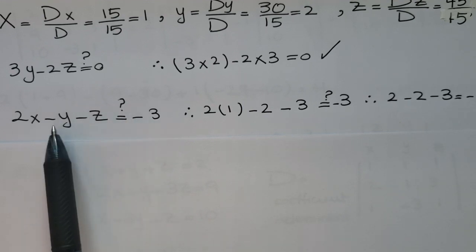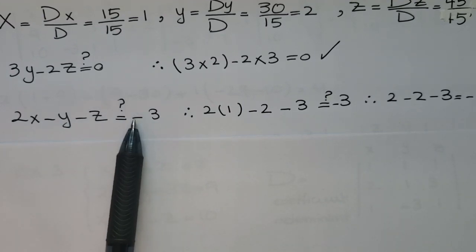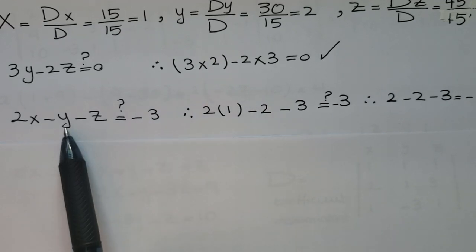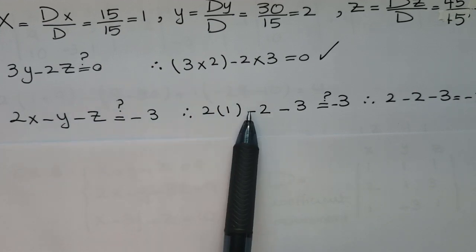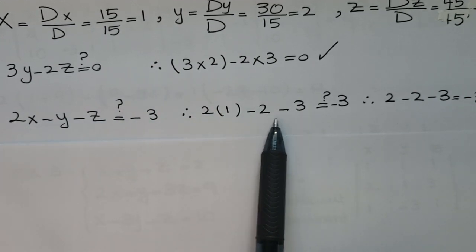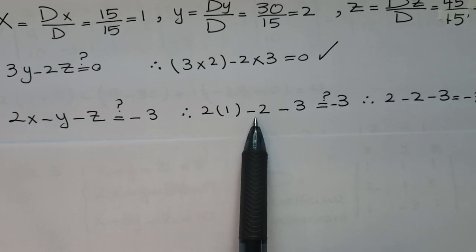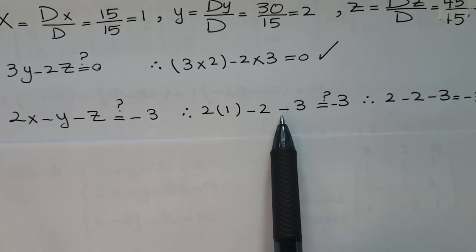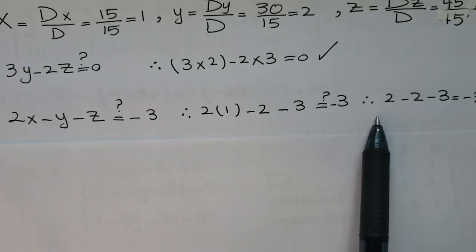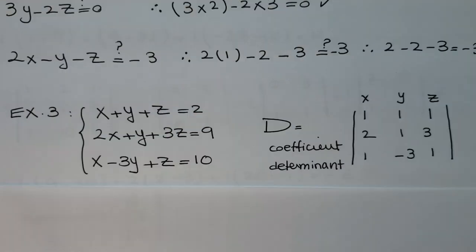Let's see if we do so, does it really equal negative 3 or not? So 2 times x, and y is 2, and it comes with a negative sign. So z is 3, comes with a negative sign. So on this side we have 2 minus 2, which is 0, negative 3, and negative 3 is actually equal to negative 3. So that means the values of x, y, and z are correct.